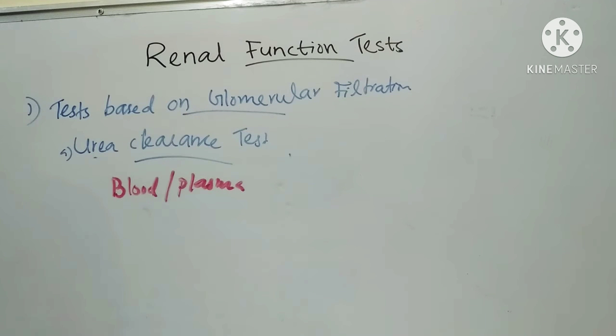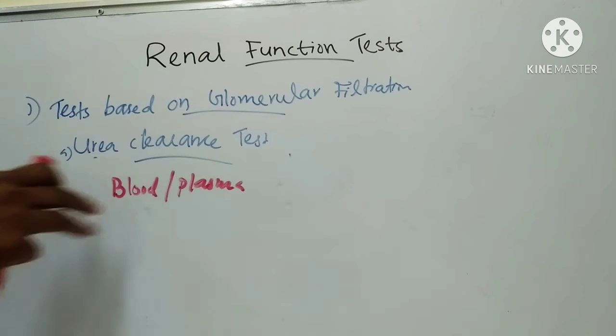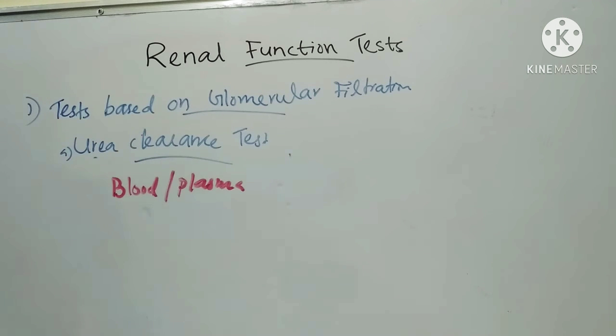In other words, clearance of a substance is the volume of blood or plasma cleared of the substance found in 1 minute excretion of the urine.